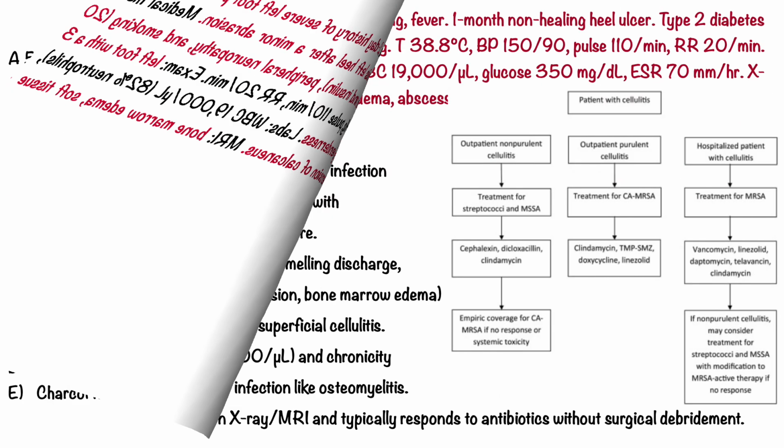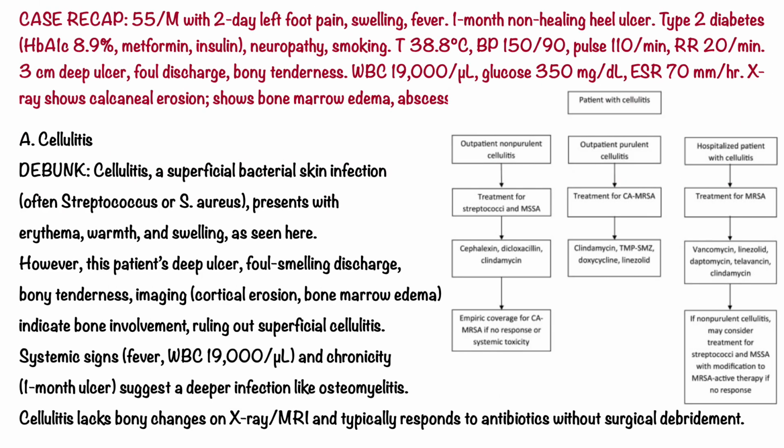So basically the first option we have is cellulitis, which is a superficial bacterial skin infection, often due to streptococcus or Staphylococcus aureus, and it presents with erythema, warmth, and swelling as seen here. However, this patient's deep ulcer, foul smelling discharge, bony tenderness, and imaging showing cortical erosion and bone marrow edema indicate bone involvement, ruling out superficial cellulitis, right?